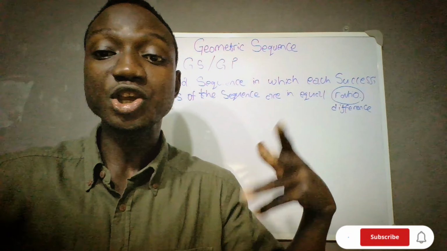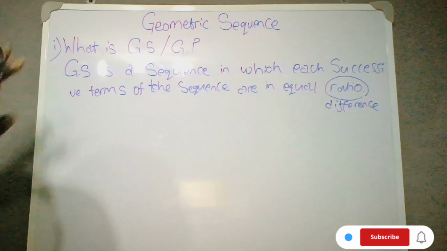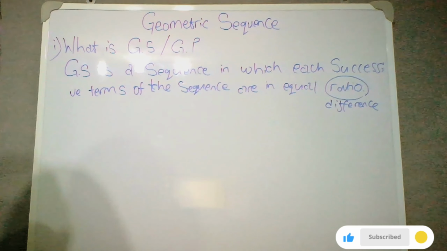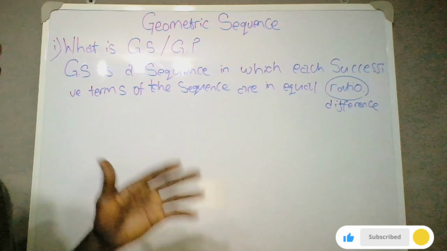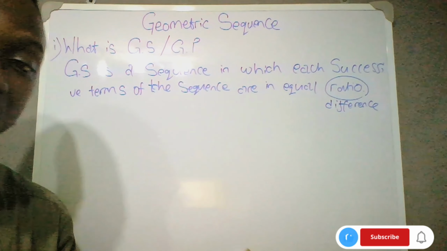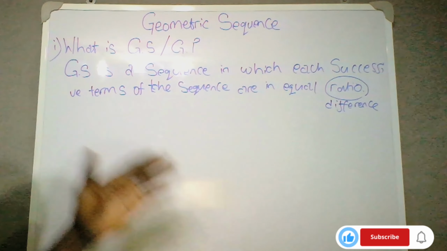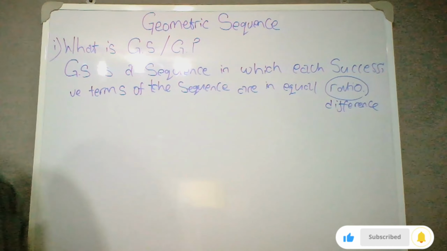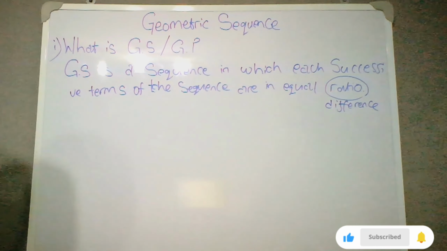It rapidly changes. So in terms of the GS, it exponentially changes compared to arithmetic progression, which is more of a linear progression. I hope that we have understood.